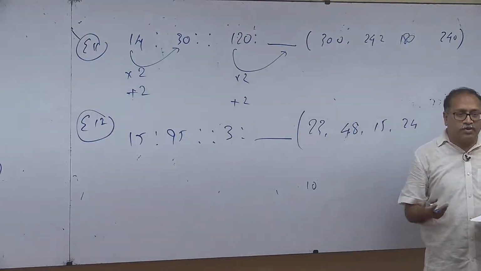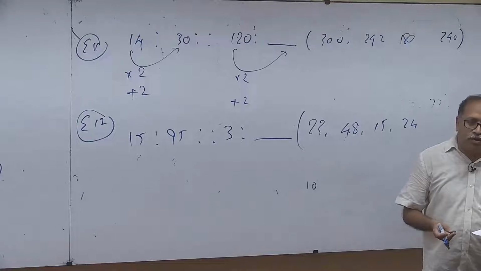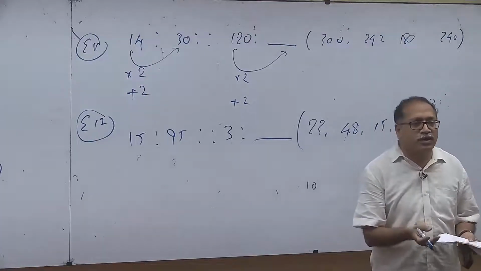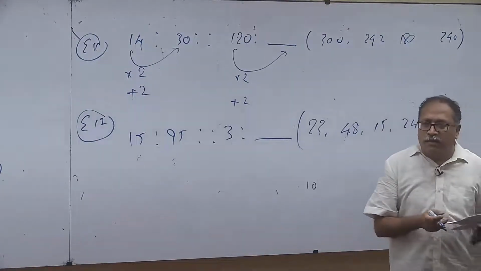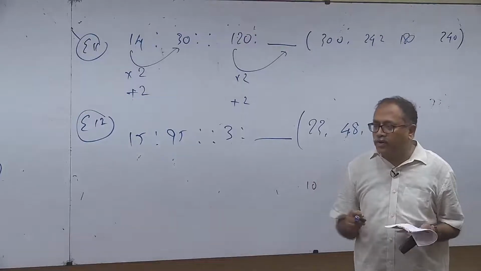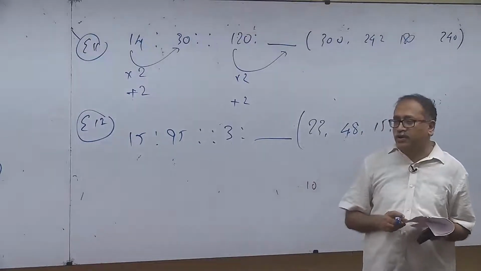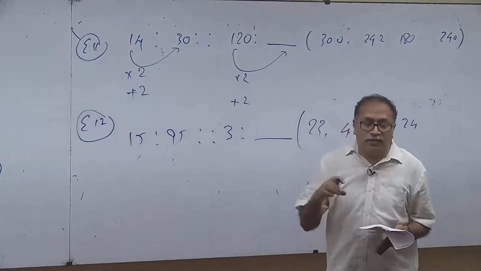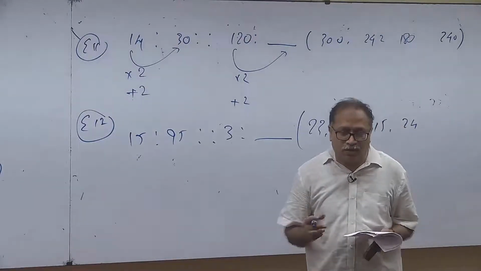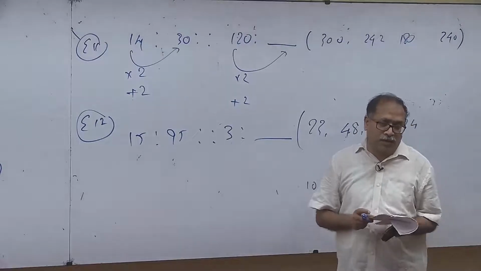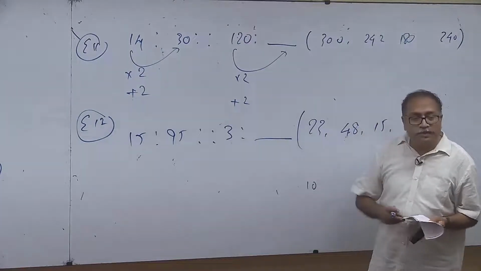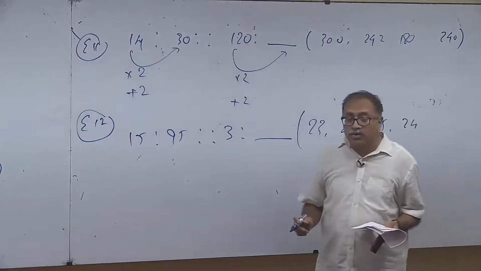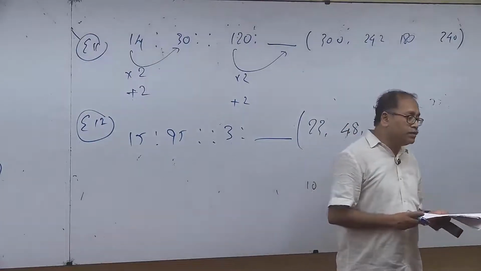Deciding which logic is better is possible only when there are two different logics and two different answers we are getting. But don't try to find out two different logics. In the exams you usually don't get two different logics with two different answers, where you need to identify which logic is better over the other. So we don't need that kind of analysis in the exam. Yeah, please help me. Into 6 plus 5.